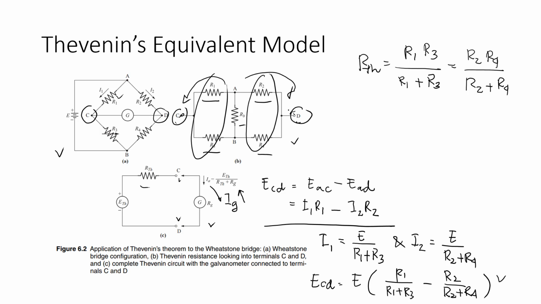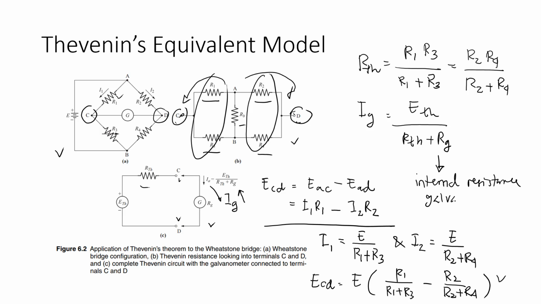We can measure the current between C and D, I_G, which is equal to E Thevenin per R Thevenin plus R_G, where R_G is the internal resistance of the galvanometer, and R Thevenin is this one.